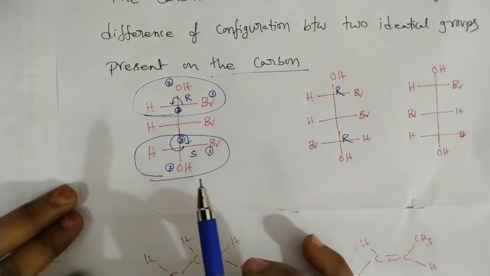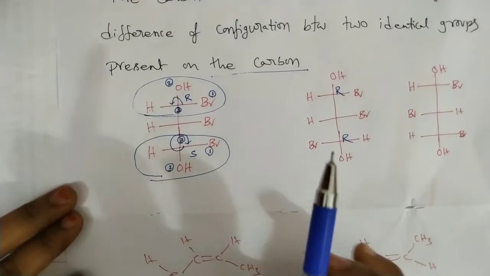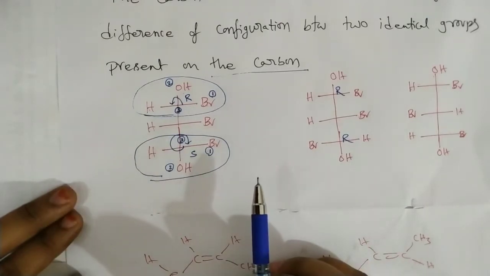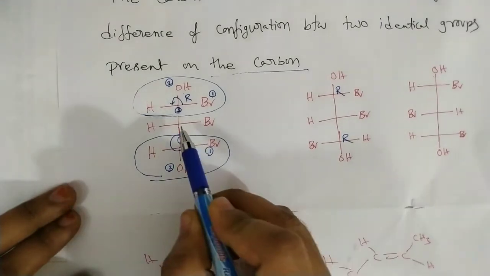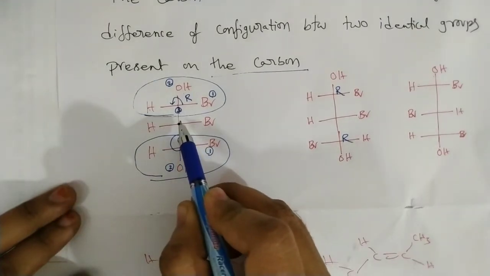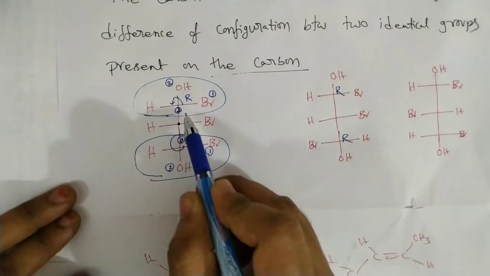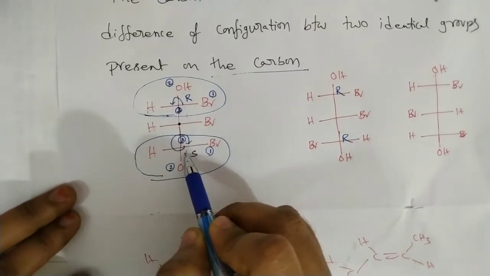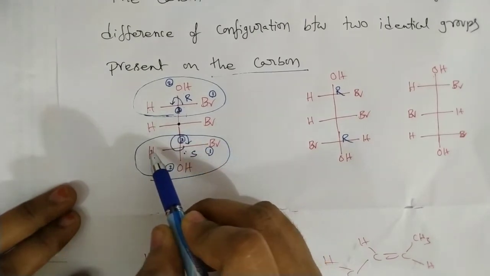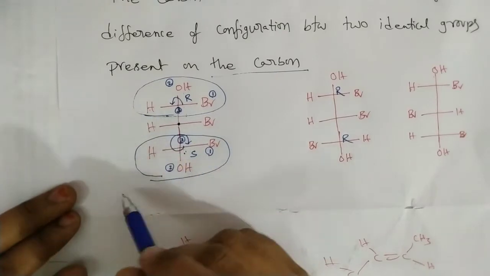So if structurally the same groups are present, then by the definition of chiral carbon, the carbon is not chiral. But here this carbon is attached to these two groups, which are structurally the same but configurationally different.